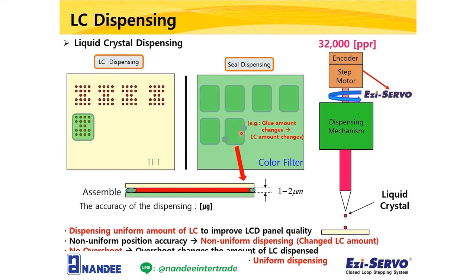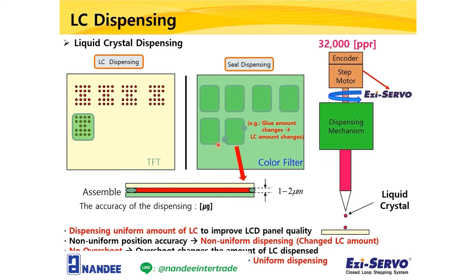It is applied like a snake. In this case, the area where the liquid crystal is placed changes, the amount changes when the area changes, and the color changes when the amount changes. In other words, constant liquid crystal dispensing and uniform application of glue are key to improving the color quality of the LCD.